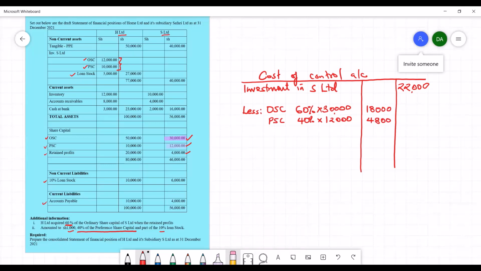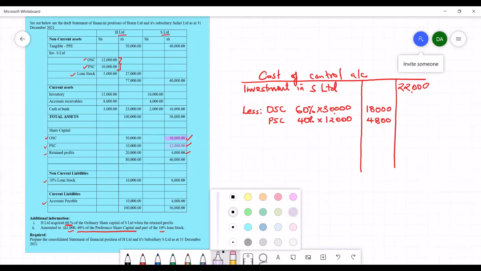Also, they acquired the retained profit. The retained profit usually is not written as being acquired, but the retained profits usually belong to the ordinary share capital or ordinary shareholders. Therefore, when you acquire ordinary share capital, you acquire it together with the retained profits.